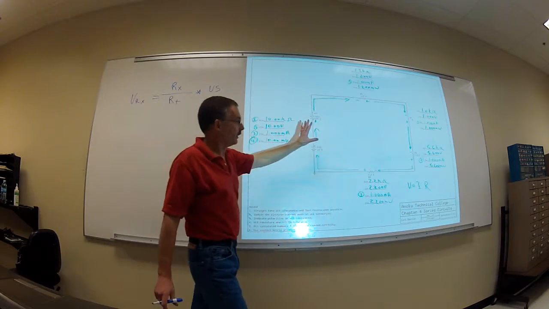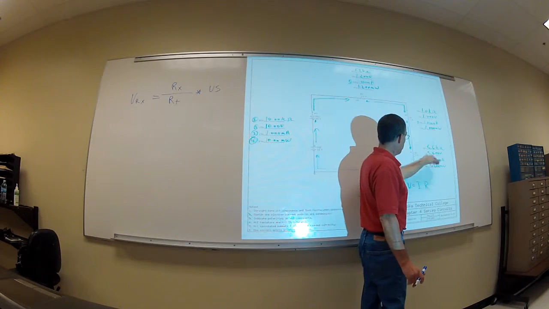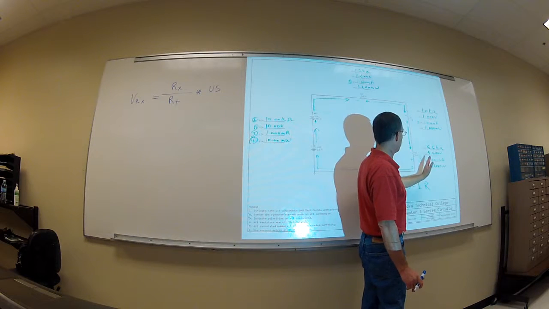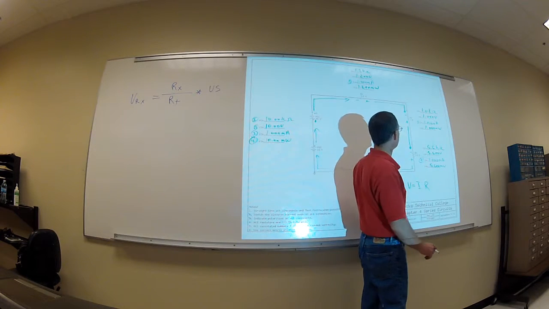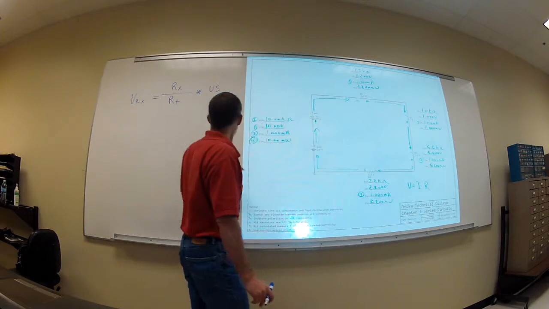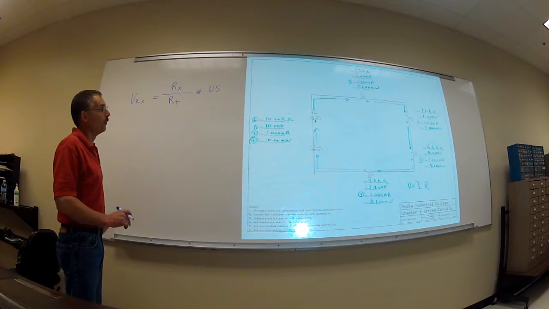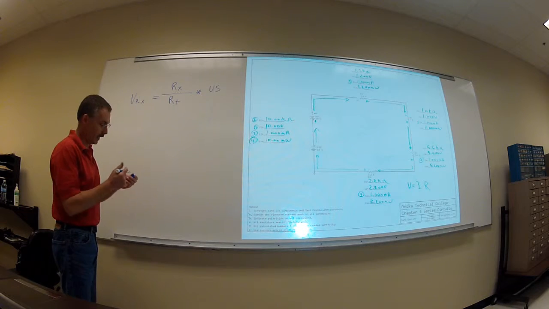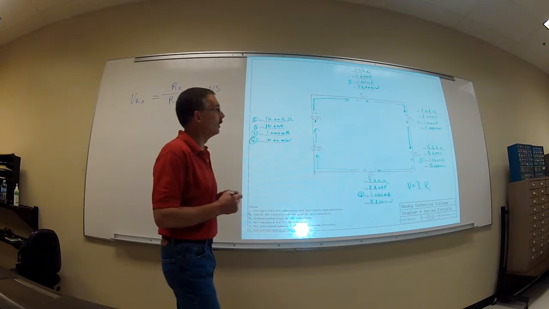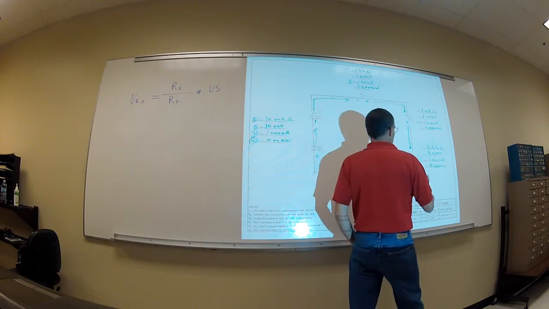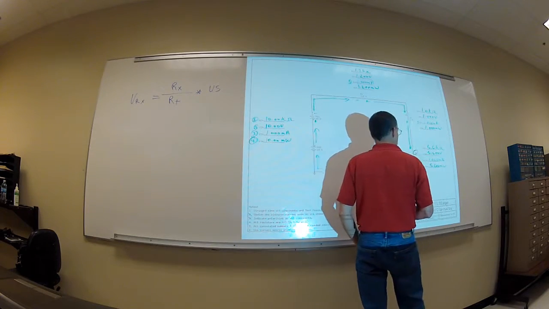So if we got a circuit like this and we don't care about the power or current, we just want to know what our test point is, or we want to find out what some voltage drops are, we apply our voltage divider formula. So if we want to find any given one of these voltages, let's just use R3, because that's our largest one.